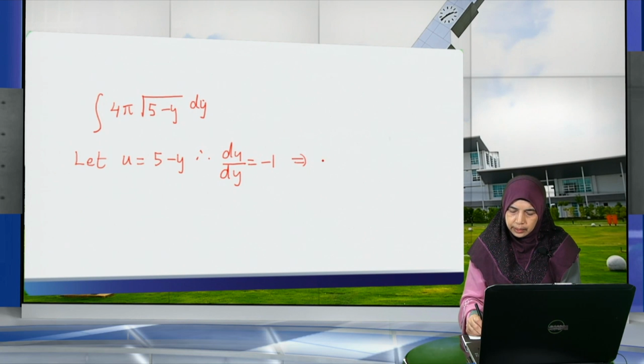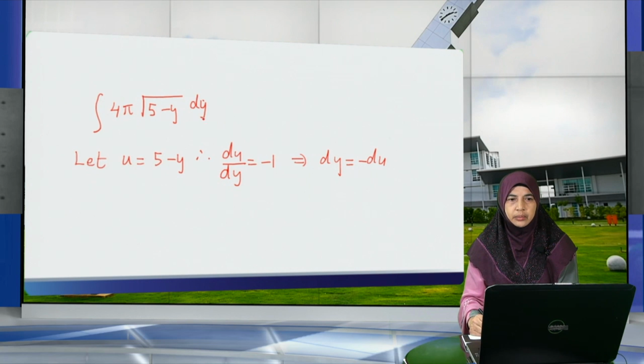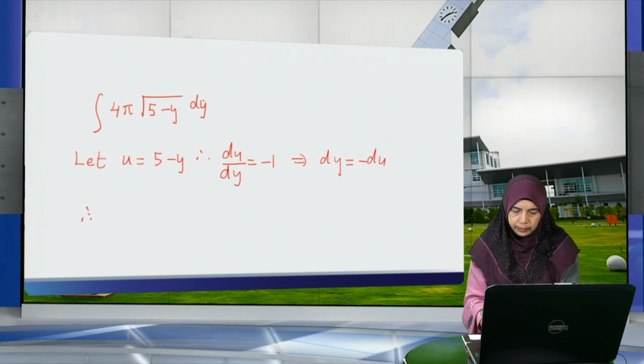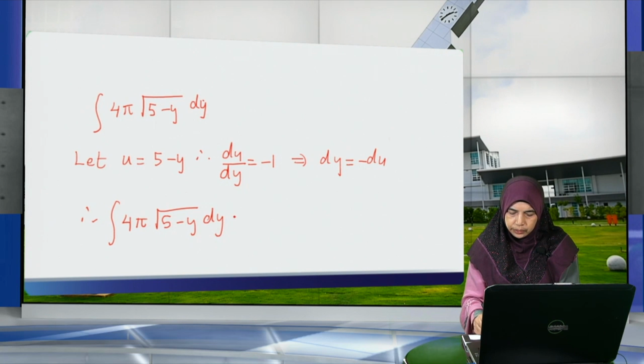That means dy is equivalent to minus du. So we can change that dy here to minus du. Therefore, the integration of 4 pi square root of 5 minus y dy can be changed to, we change everything to u now: 4 pi, and then we have u to the power of half here.